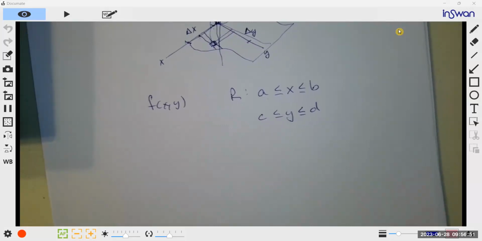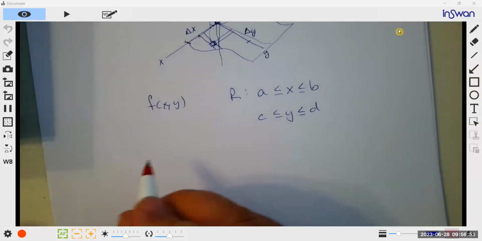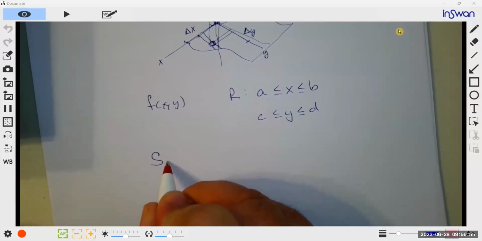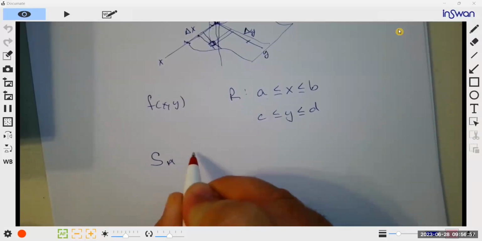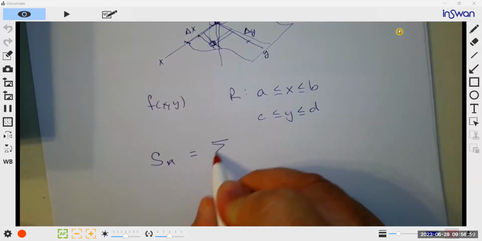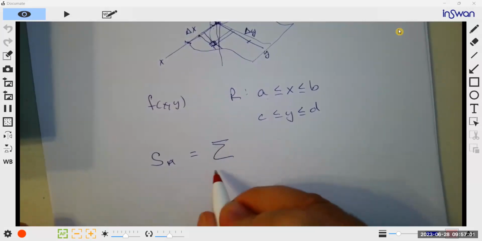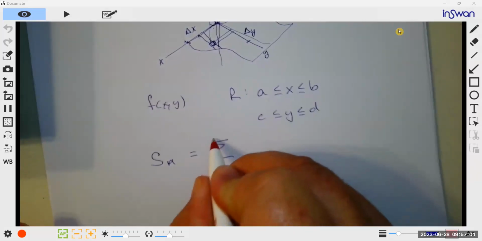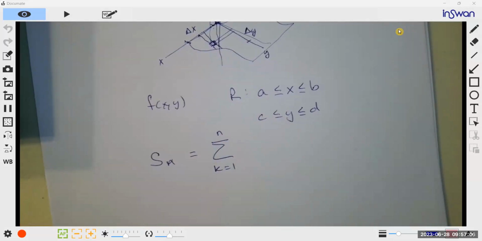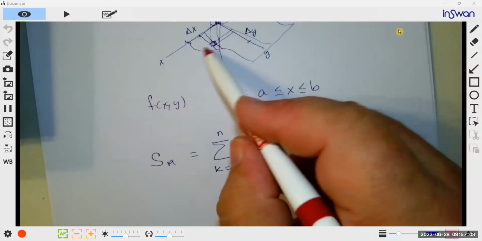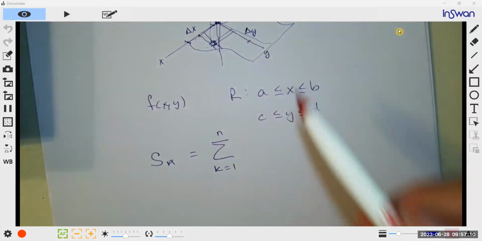And if you call it mathematically, the Riemann sum is the summation of each one of our however many rectangles we have, however many delta x, delta y's we have.